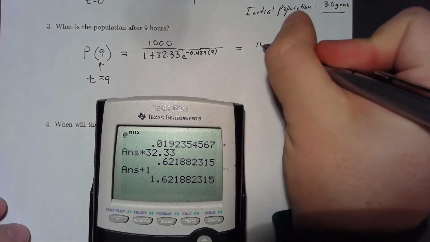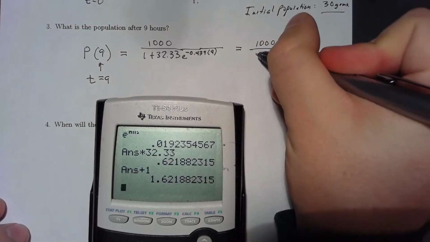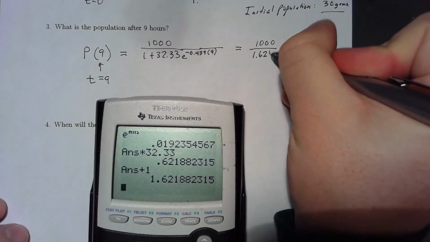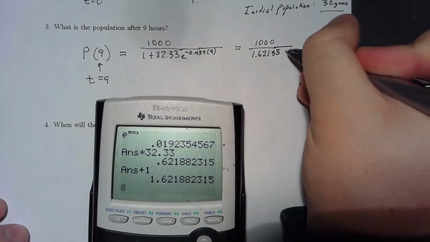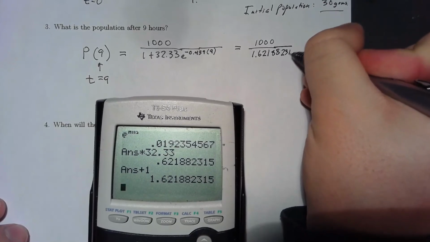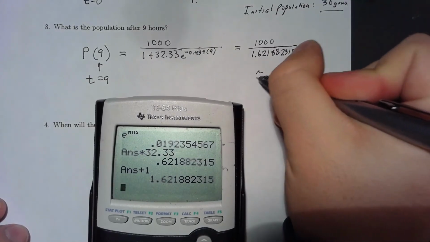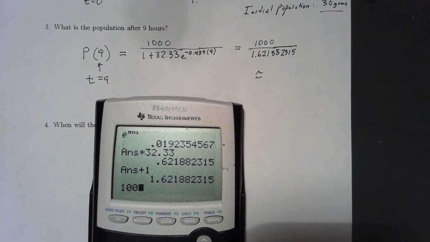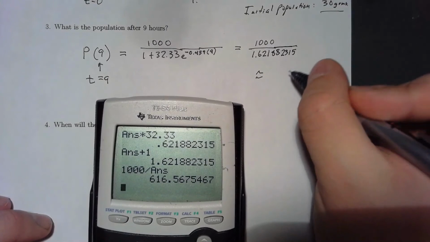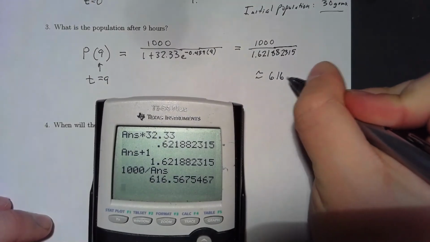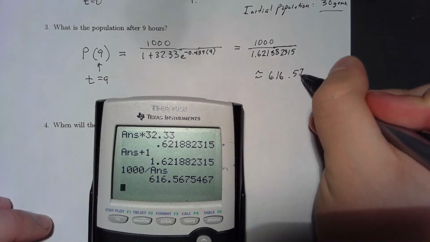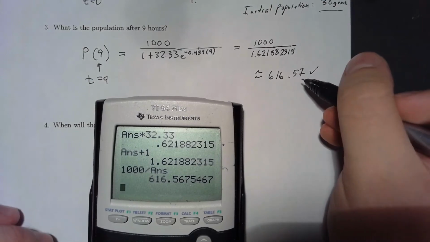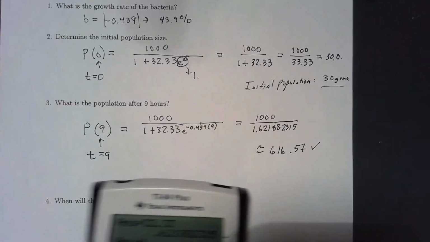So you're going to have 1,000 over 1.621882315. And when you do that, 1,000 divided by second answer gives you 616.57. So what's the population after 9 hours?